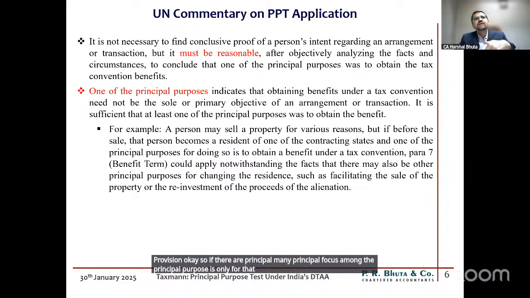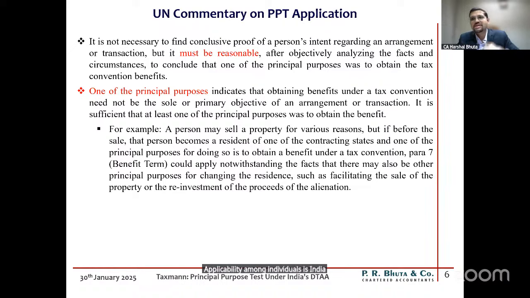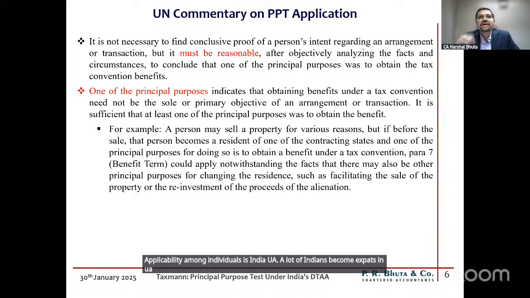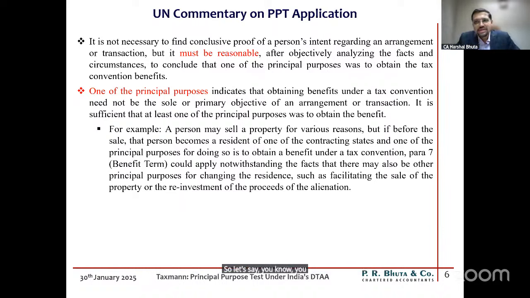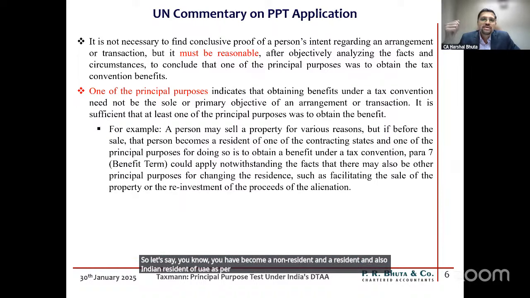The simplest example that I can give you is, let's say, the most famous capital gains tax exemption, at least one which has applicability among individuals, is India-UAE. A lot of Indians become expats in UAE. Article 13(5) exempts the mutual fund capital gains in their hands. So let's say you have become a non-resident of India and a resident of UAE as per the tax treaty, only for 1 year.